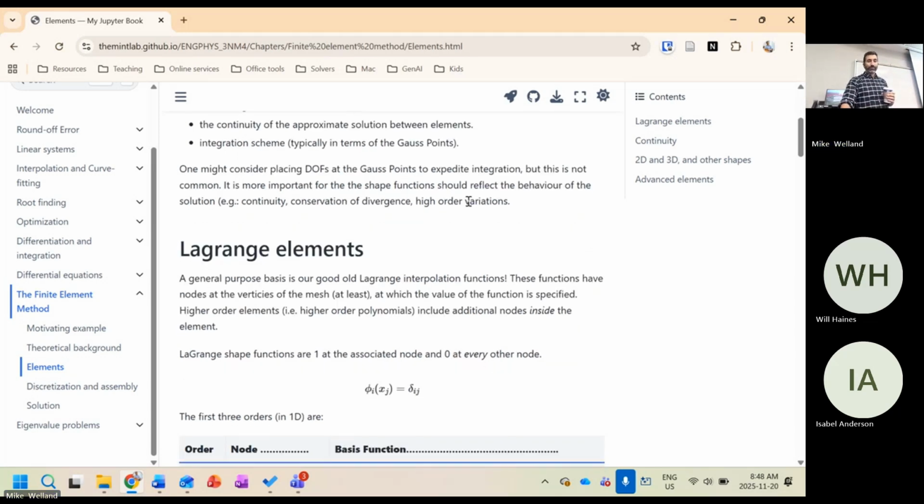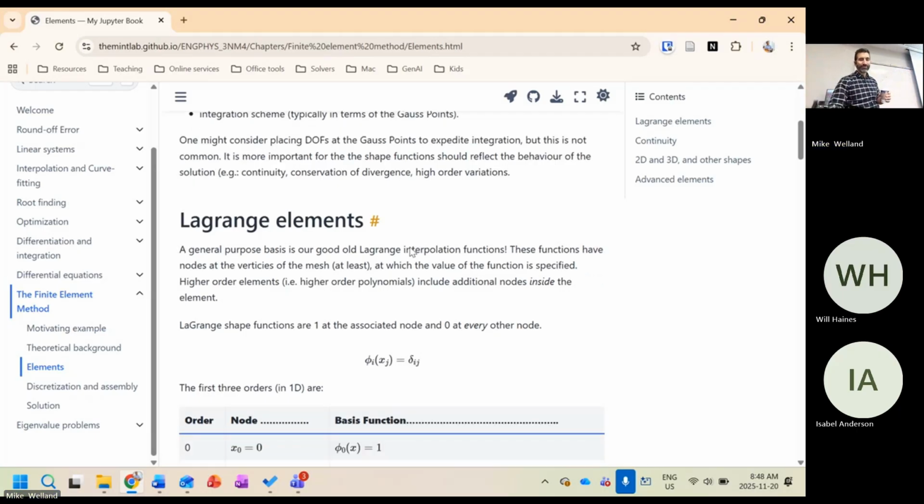Lagrange elements. You guys remember Lagrange interpolation functions? You remember me saying that they're just going to keep coming back and back and back? Here they are again. Okay. These elements are defined, yeah. Because they're interpolation functions, you have a value over here, a value over here, and you're going to interpolate somehow between those two values.